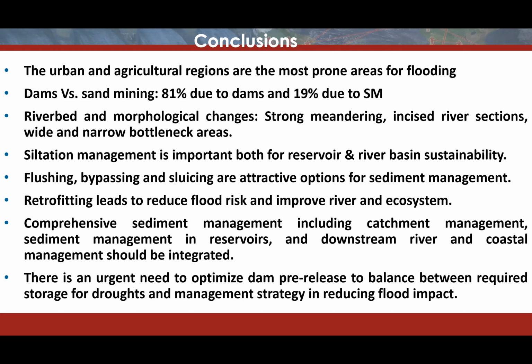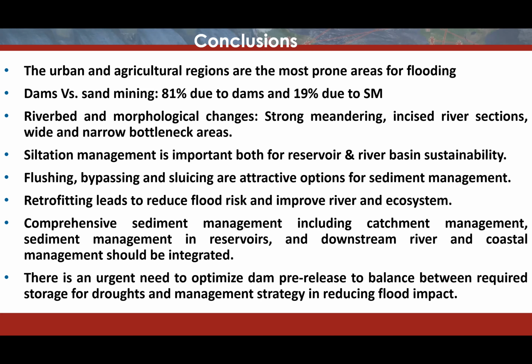So riverbed and morphological change, strong meandering inside the river section, wide and narrow sections are a kind of bottleneck, increasing flooding based on this morphological change. Siltation management is important for both reservoir and river basin sustainability. Flushing, bypassing, sluicing, many attractive options for sediment management should be considered, and dam retrofitting leads to reduced flood risk and improved river and ecosystem.